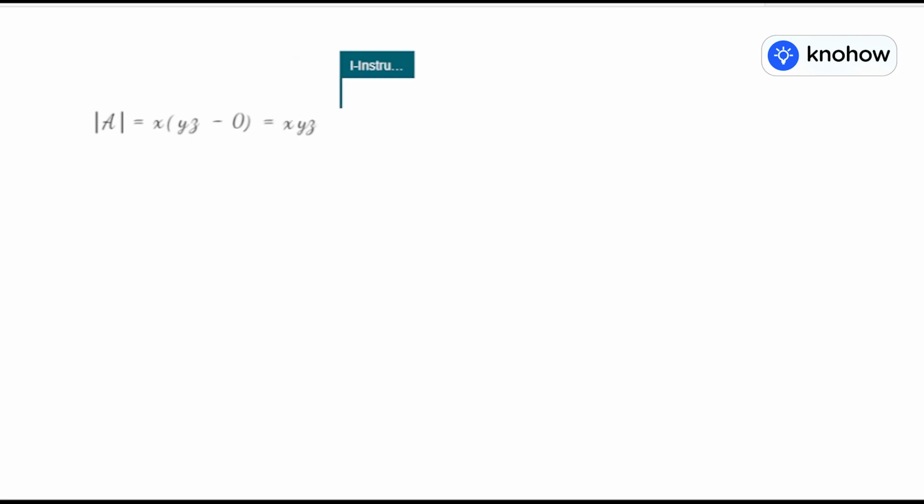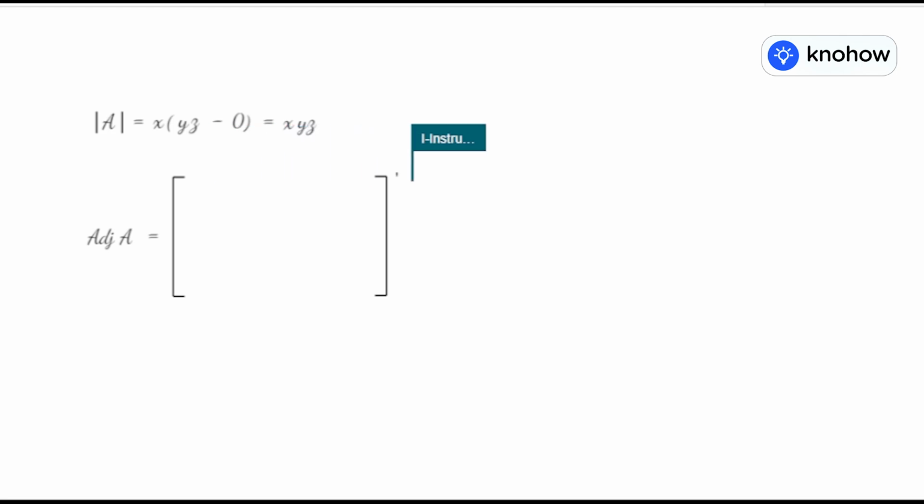And now let us find adjoint A. How do you define adjoint A? You know, it is the transpose of the cofactor matrix, that is C11, C12, C13, C21, C22, C23, C31, C32, C33. And what are the cofactors?